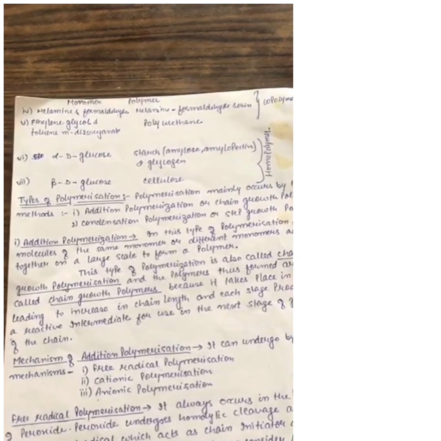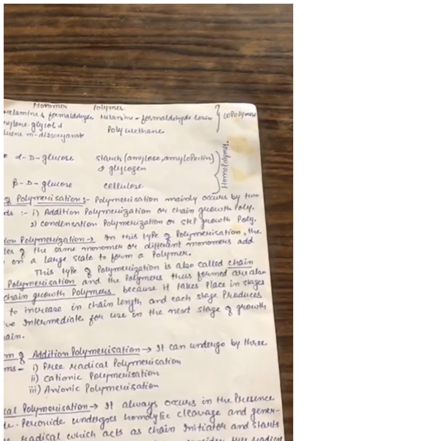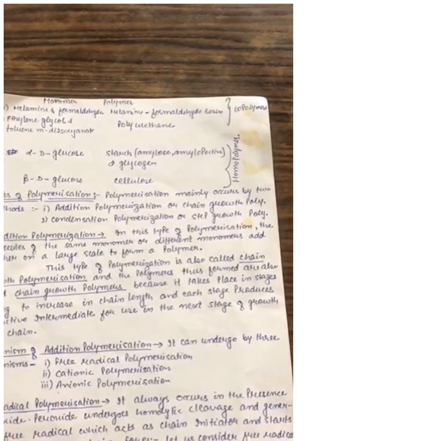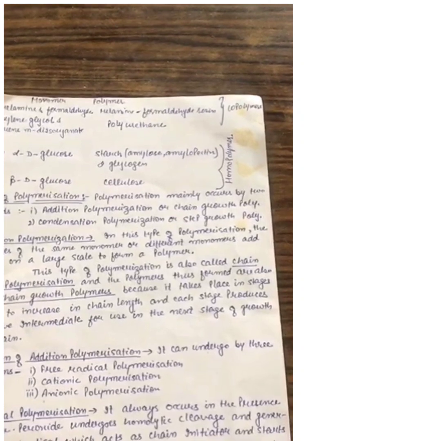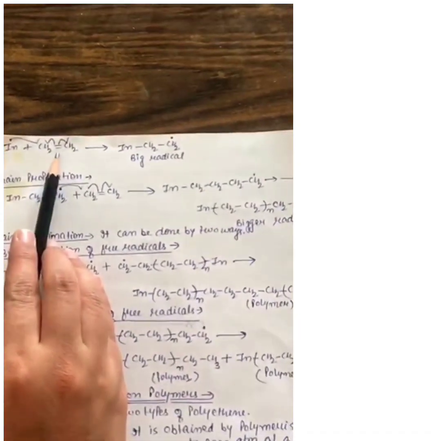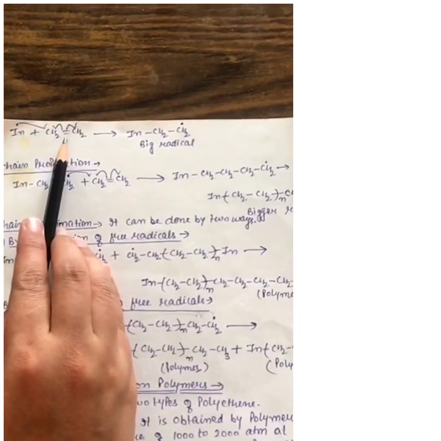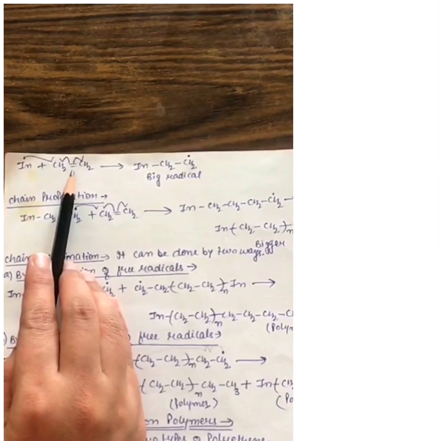So let's see how chain initiation occurs. For this, we take a compound, benzoyl peroxide, and break this bond homolytically, and we get the C6H5 radical as initiator. Now this initiator will attach to the ethene molecule, because here we are doing the polymerization of polythene.